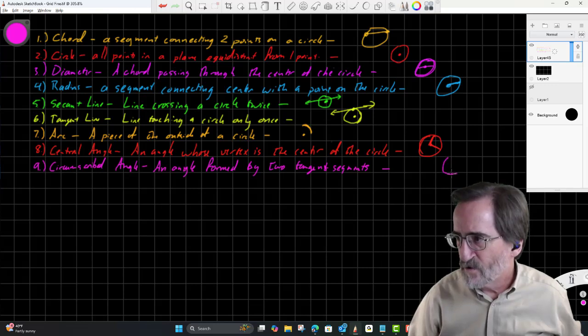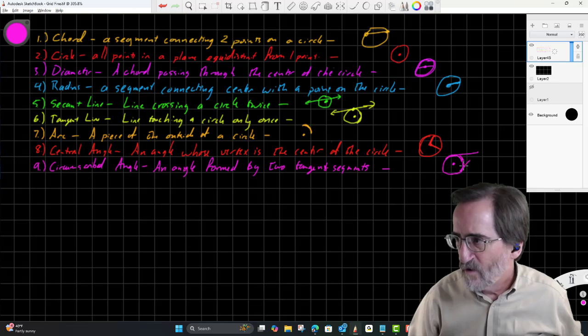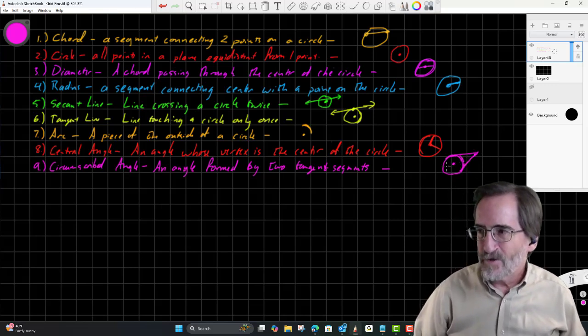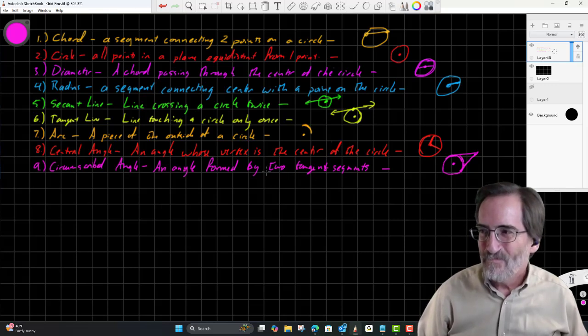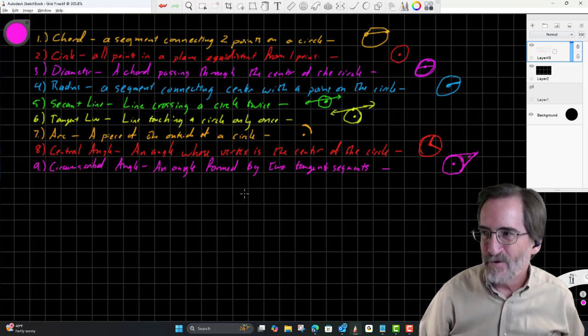So here's the circle. One tangent segment, 2 tangent segments. Kind of looks like a duck. That would be the angle labeled X right there.